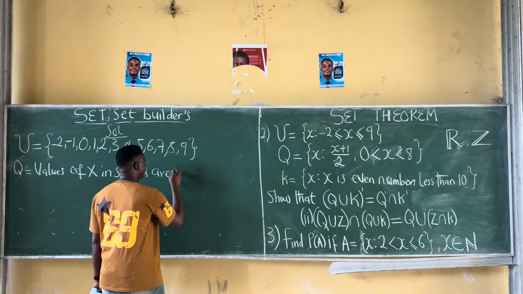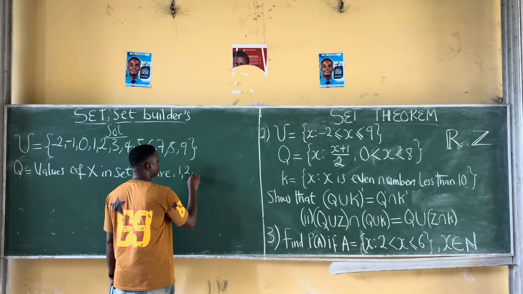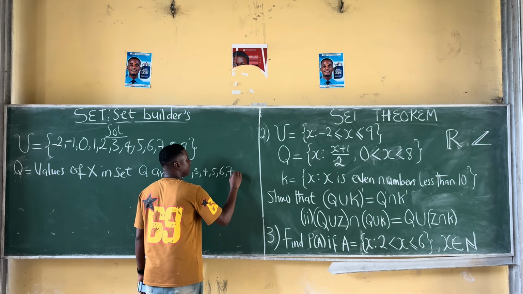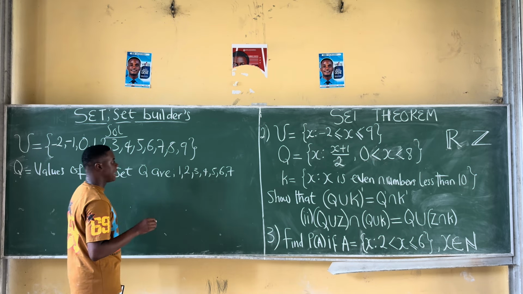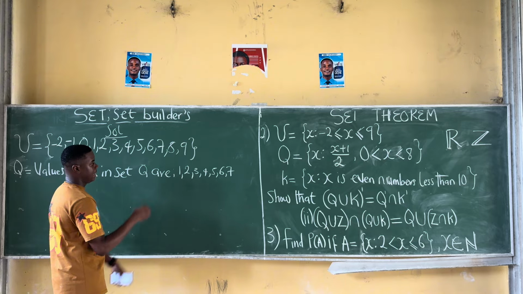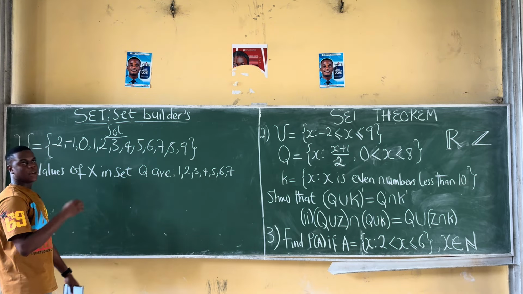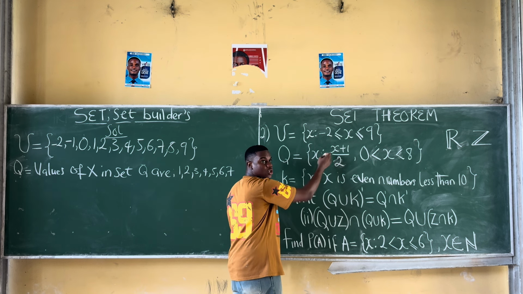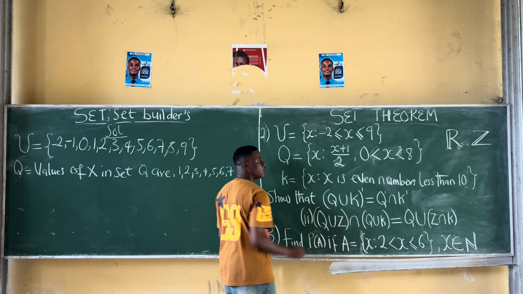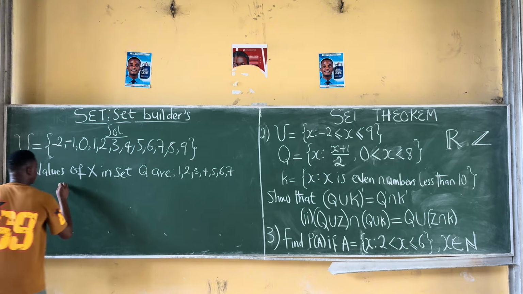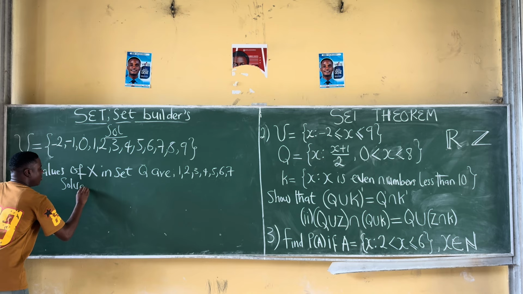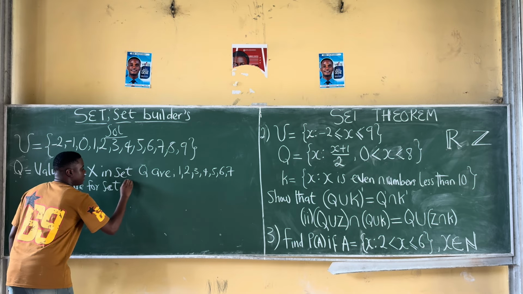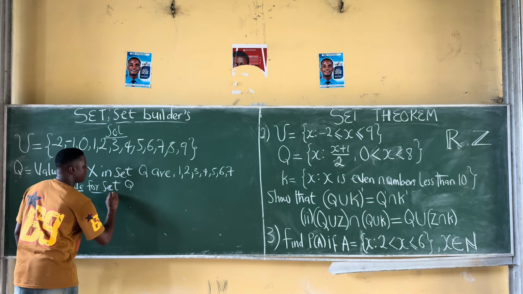List them out. Are 1, 2, 3, 4, 5, 6, 7. These are numbers that are greater than 0 and less than 8. Alright? Now, when we do this, the next thing now is to solve for X. Are you seeing it? Solve for X. That's the next task. So, step 2. Solve for set Q.